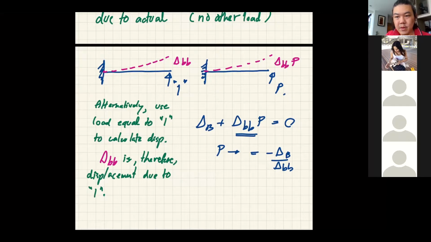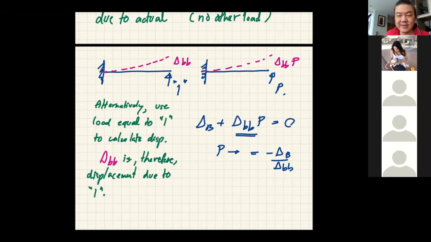Because we don't know how much the load is, we can say it's P or it's RB. So the displacement caused by RB will be RB multiplied by the displacement caused by the load equal to 1. We don't know how much that is, but we know it's going to be RB times greater than 1.